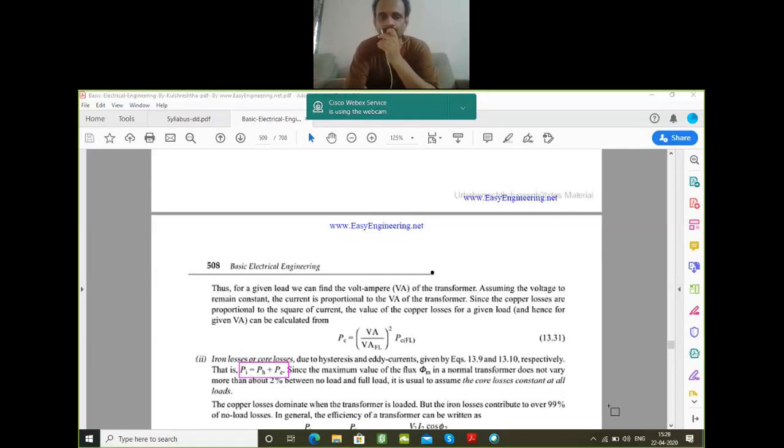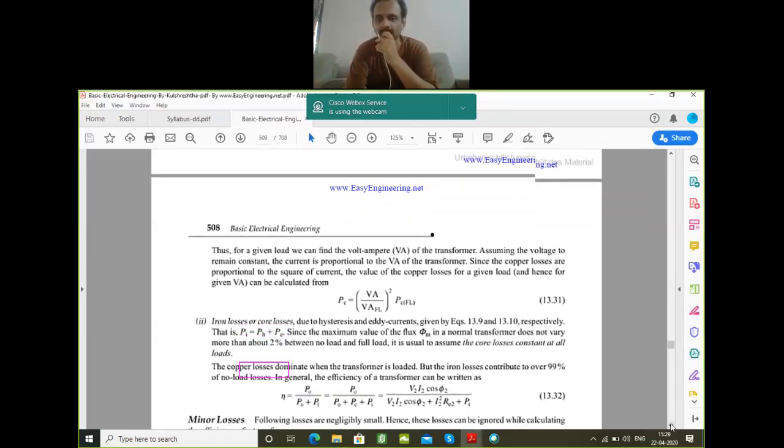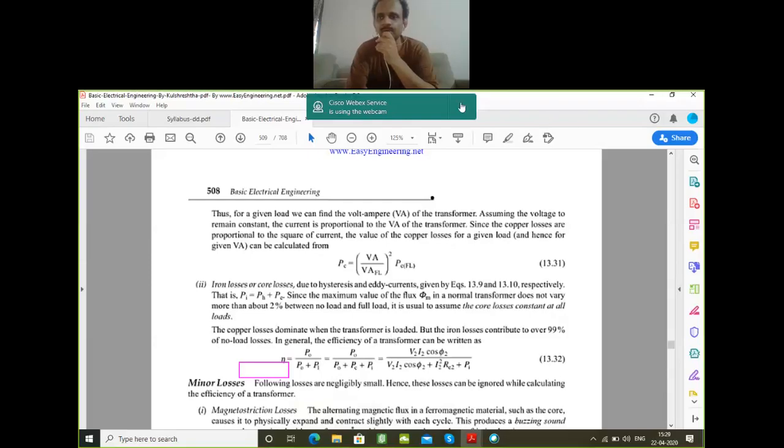However, the copper losses which you studied previously depend on the load. So when the load is connected, what happens to the losses? Iron losses contribute to 99% of no load losses. Copper losses dominate when the transformer is loaded, but when the transformer is not loaded, the total losses are because of iron loss.